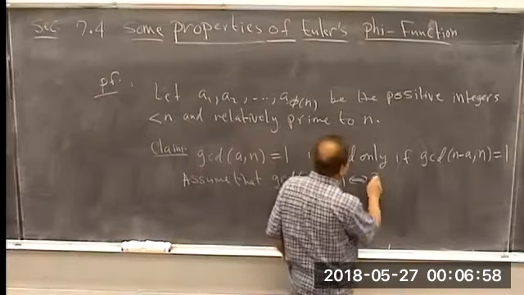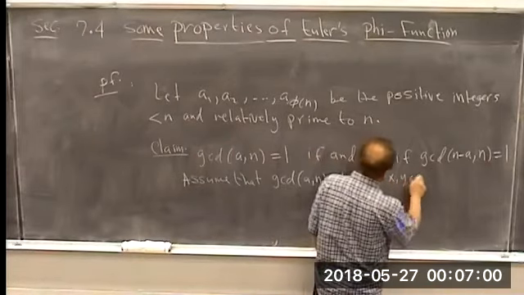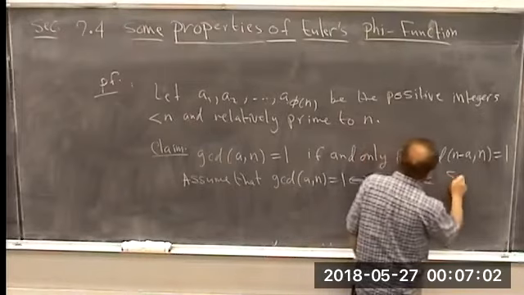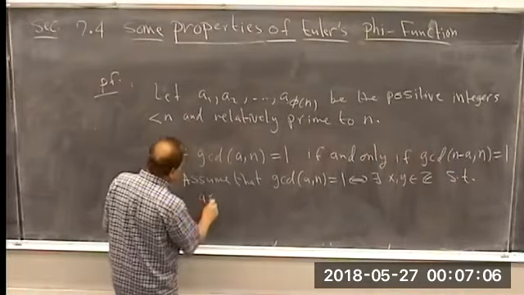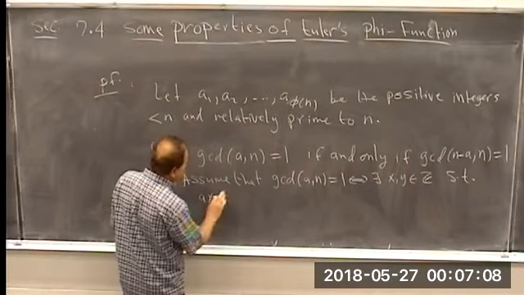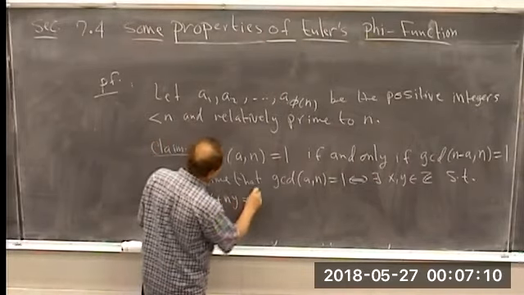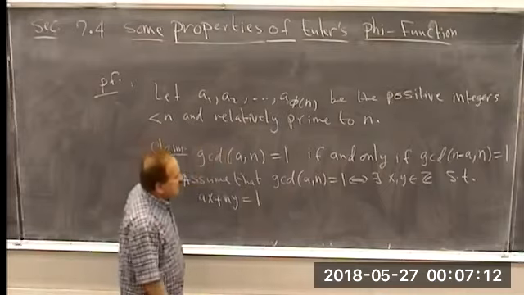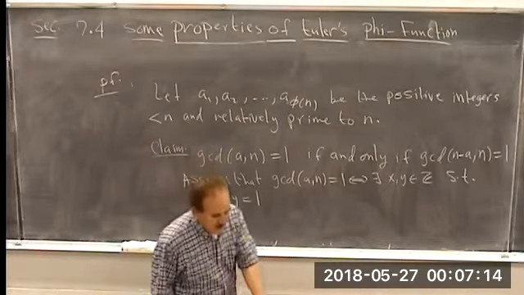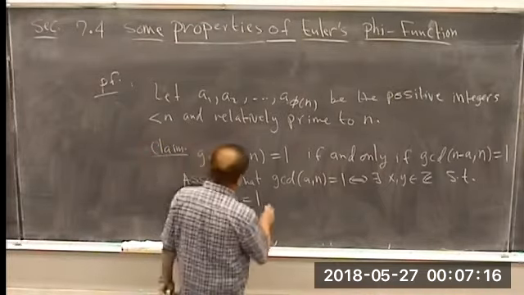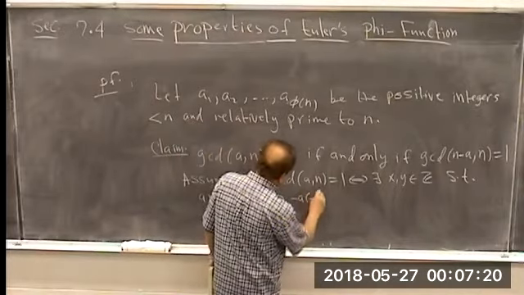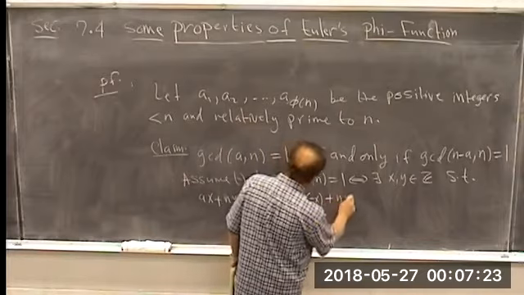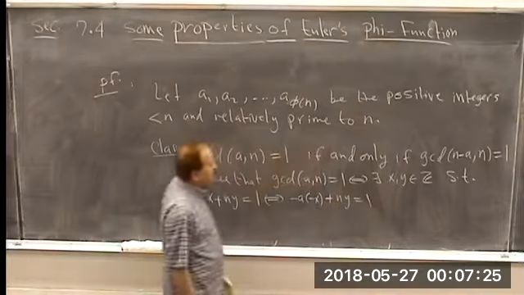There exist x, y in Z such that the linear combination ax plus ny is equal to 1. I'm going to play with this, and this is if and only if minus a times minus x plus ny is equal to 1.